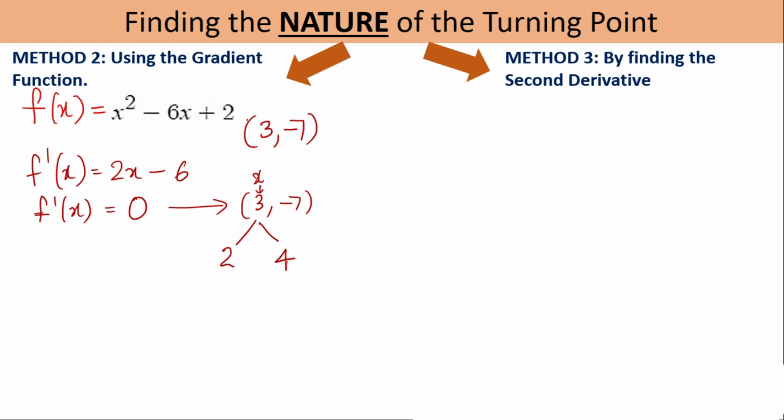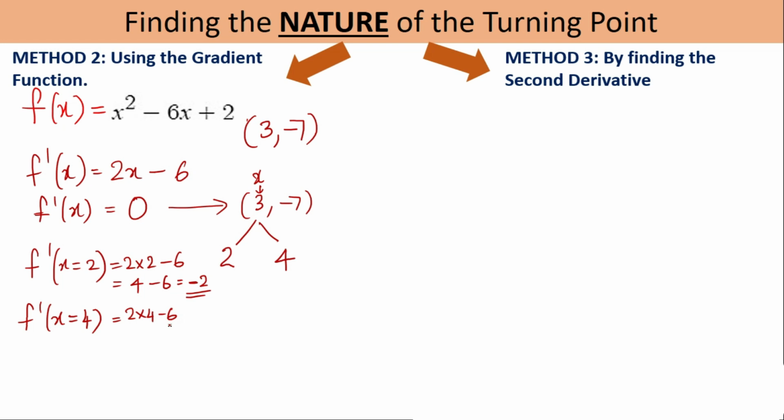So I have taken 2 and 4 here, and let me substitute these values into the gradient function. So f dash of x when x equals 2 will be 2 times 2 minus 6, giving me 4 minus 6, which is -2. And f dash of x when x equals 4 gives me 2 times 4 minus 6, which is 8 minus 6, giving me +2.